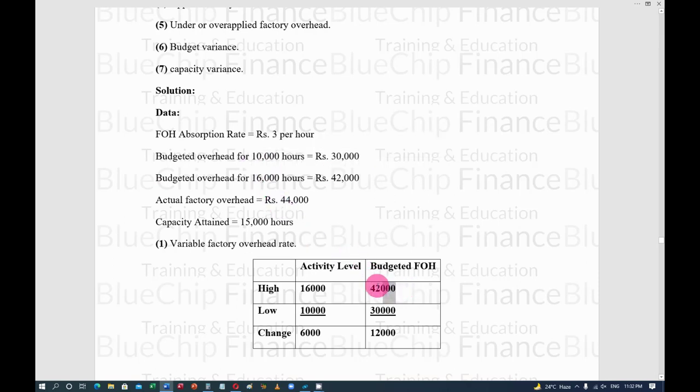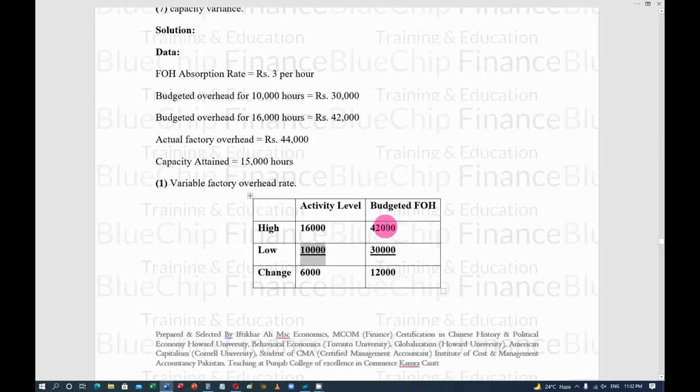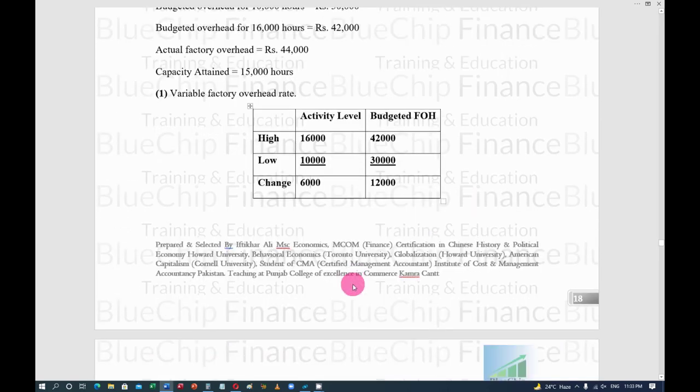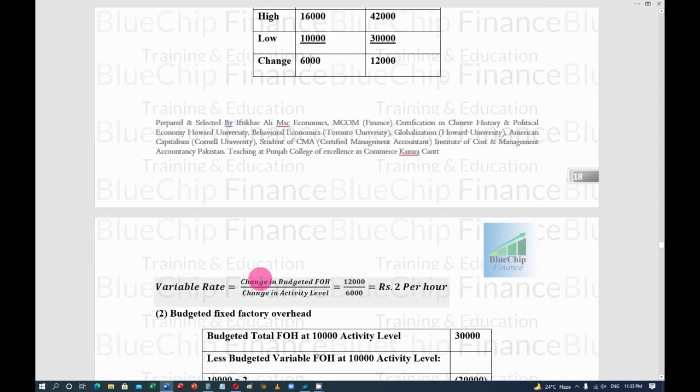So budgeted FOH 42,000, activity level 16,000 is the high level, and at the low level the budgeted FOH is 30,000 and the activity level is 10,000. So the change is 42,000 minus 30,000 equals 12,000, and 16,000 minus 10,000 equals 6,000. Just divide these two and you will get the variable rate. So the variable rate is 12,000 divided by 6,000 equals rupees 2 per hour.